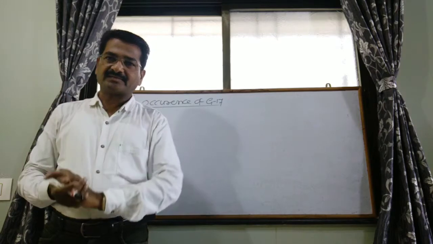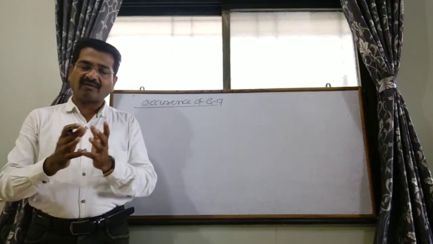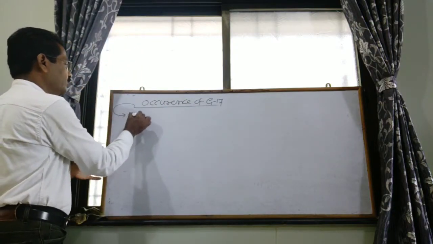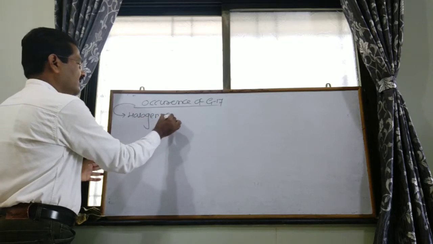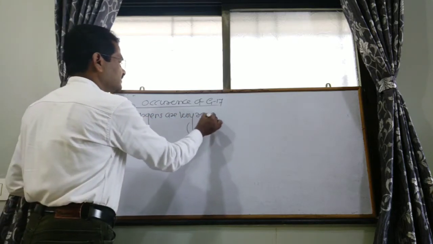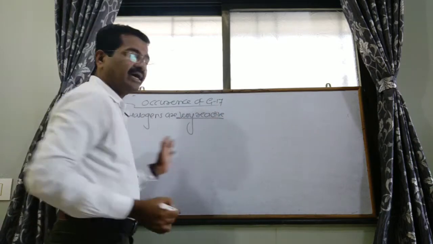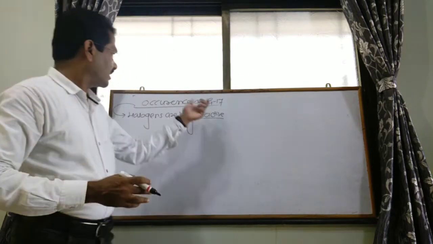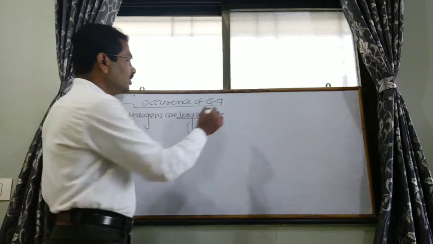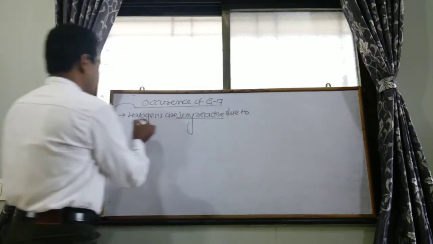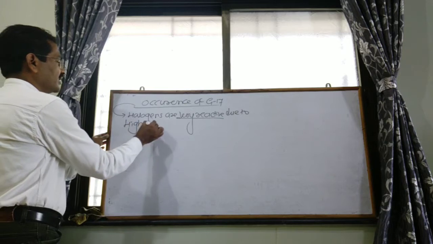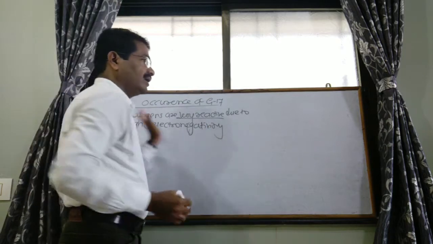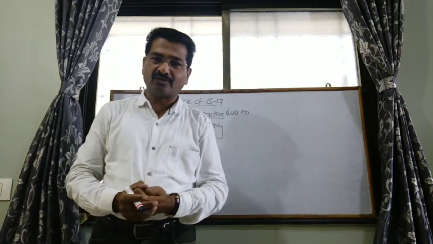The G17 elements, that is halogens, are very reactive because they possess high electronegativity value, which requires only one electron for the completion of the octet.